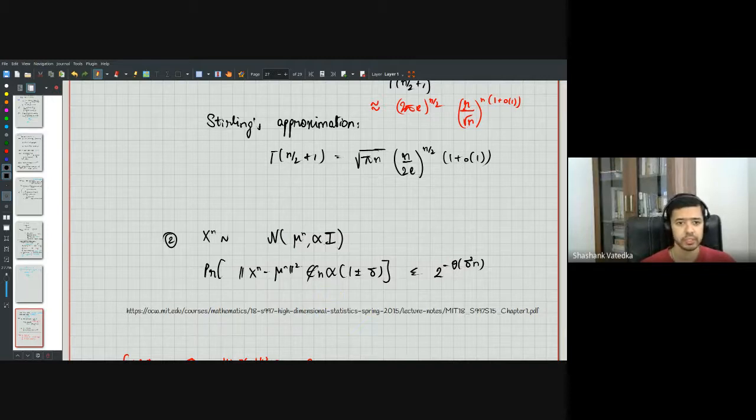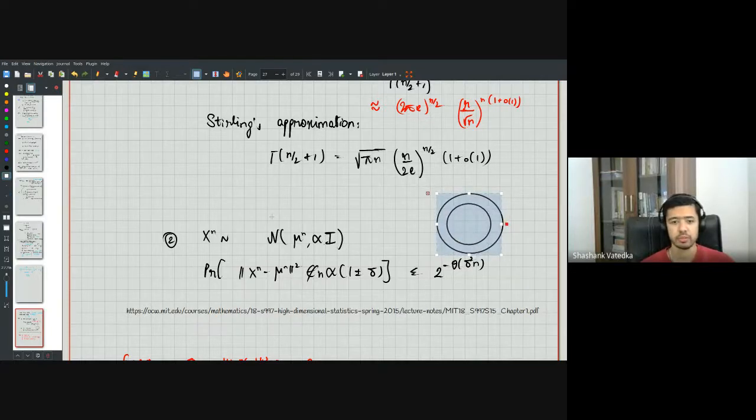What this basically says is that if I generate a random Gaussian vector with mean mu n and variance alpha, then with probability 1 minus something exponentially decaying in n, xn is going to lie in some thin shell.